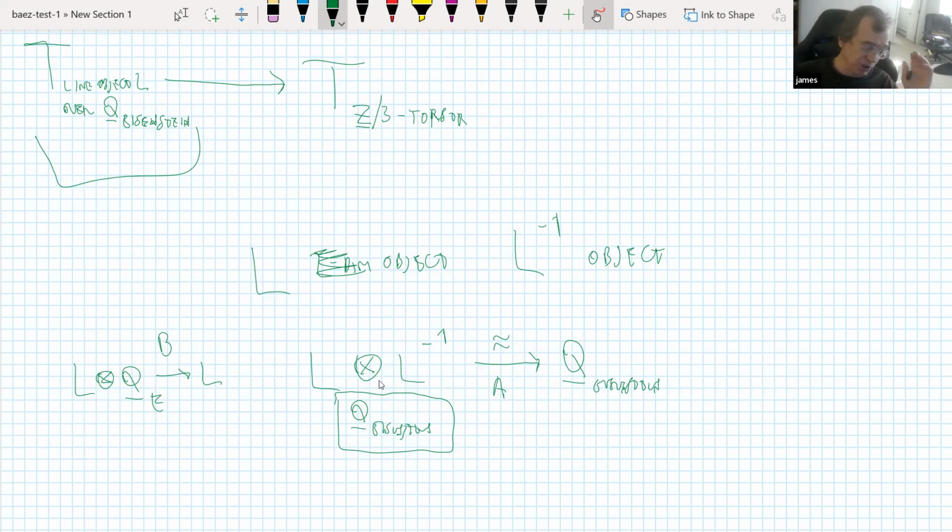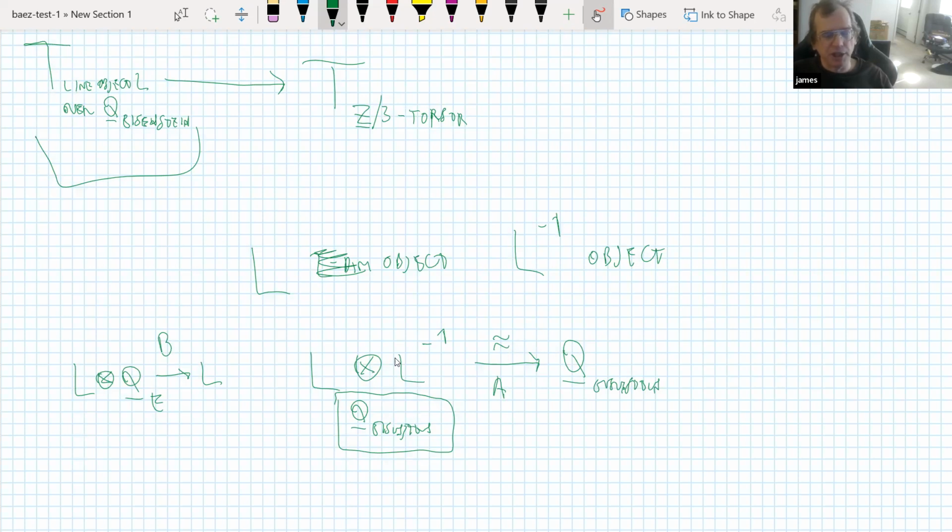But at some point it may be, we're not doing that yet. But we may very well feel that we want to do that. I guess in the Z mod 2 case, we would have had that too. Yes, but it wouldn't have helped us in the Z mod 2 case. But my vague guess in the Z mod 3 case is that we're actually going to be dealing with a Z mod 3 torsor.